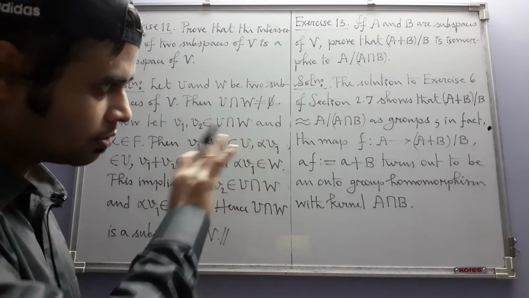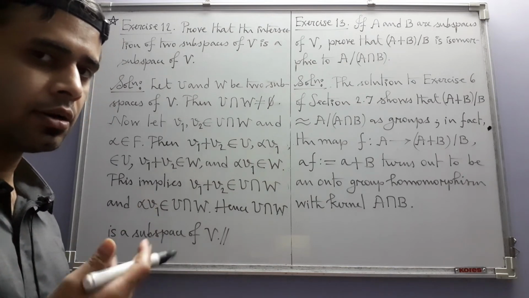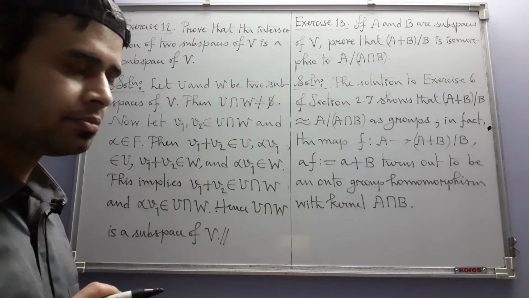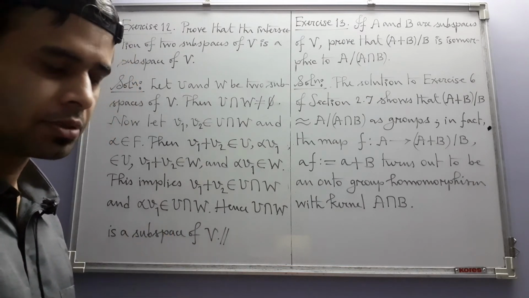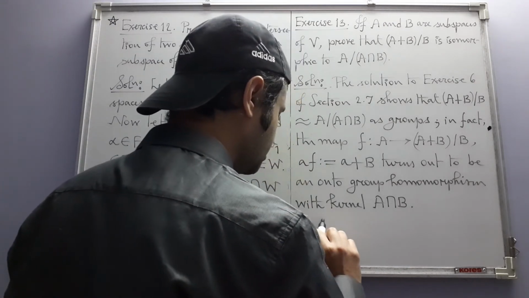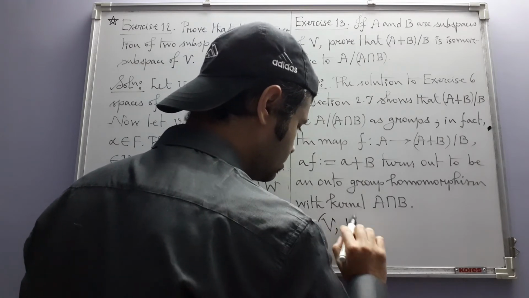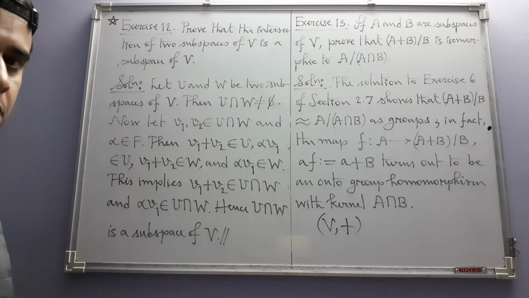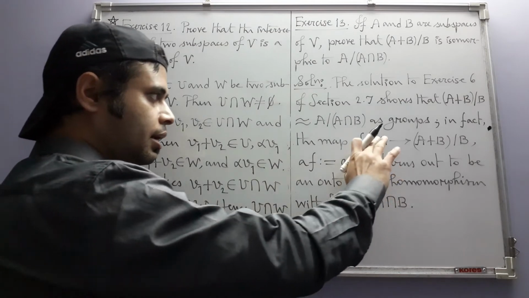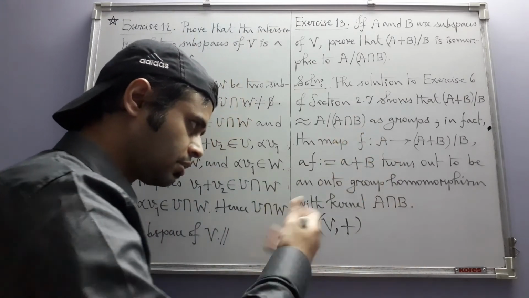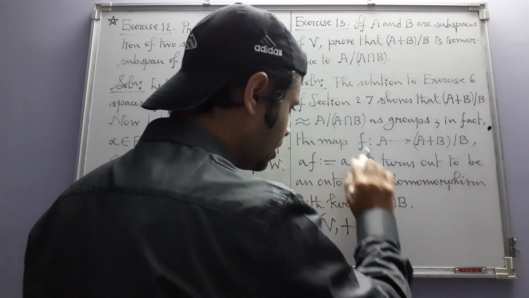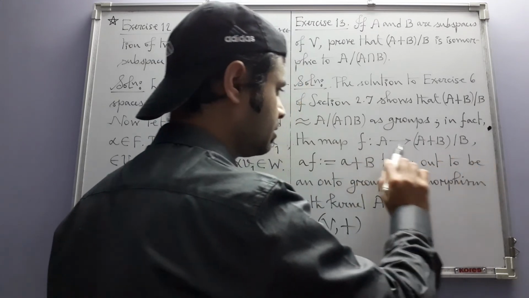The kernel of the group homomorphism is the same as the kernel of the vector space homomorphism, since the definition of kernel is based on the additive group structure. Here the kernel is A ∩ B, which is nothing but the inverse image of the 0 element under the map F.